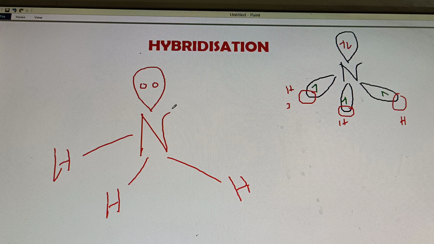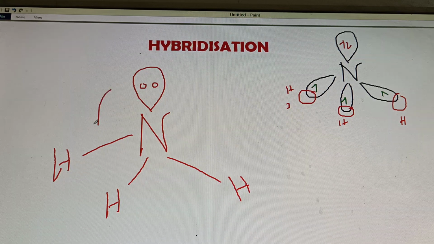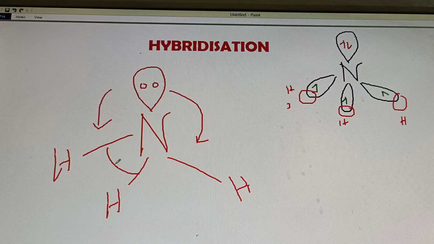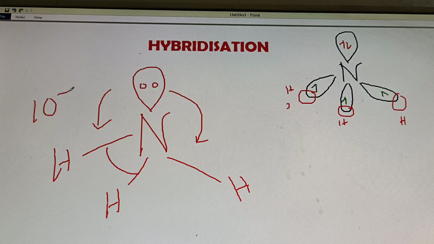We know that lone pairs have more repulsion power than bond pairs, because lone pairs are free and can easily repel the bond pairs. So this lone pair will push the bond pairs, and the H-N-H bond angle will be reduced from 109 degrees to 107 degrees.